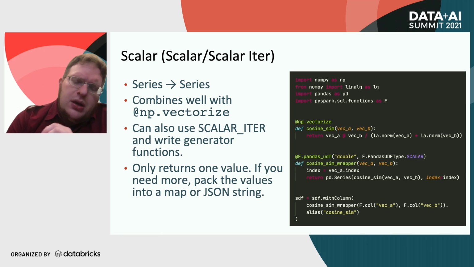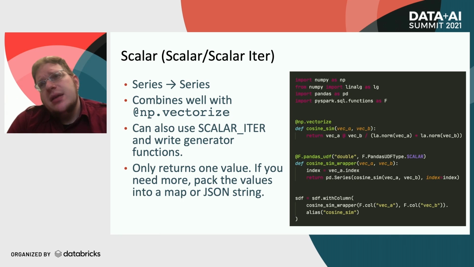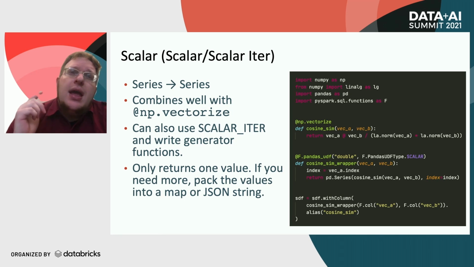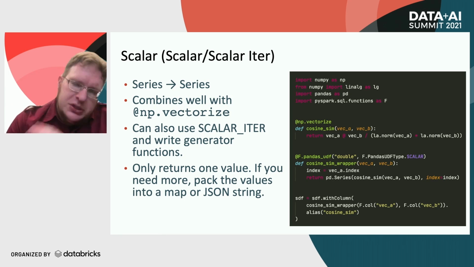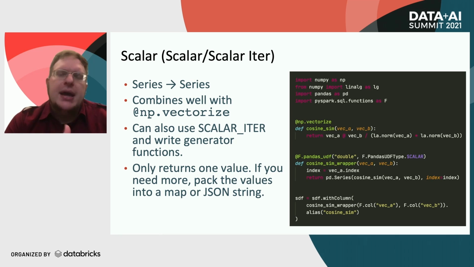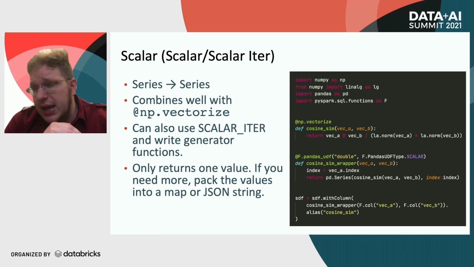One thing worth noting is in Python, it's easy for me to return multiple values from a function. You essentially return x, y, z, which gets packed as a tuple, and you can unpack the tuple as you call the function. This is not a valid thing to do with scalar and scalar iter UDFs.